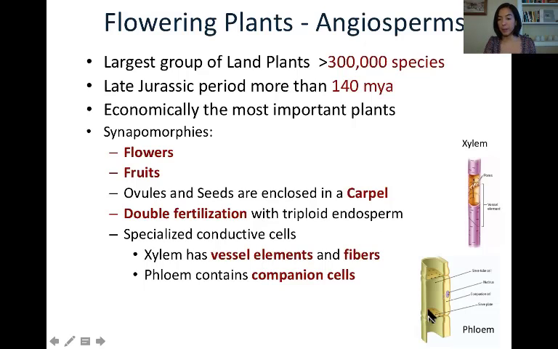Here we have one of the cells in the phloem, which are called sieve tube cells. And the companion cells are these cells on the side that provide nutrition to the phloem.